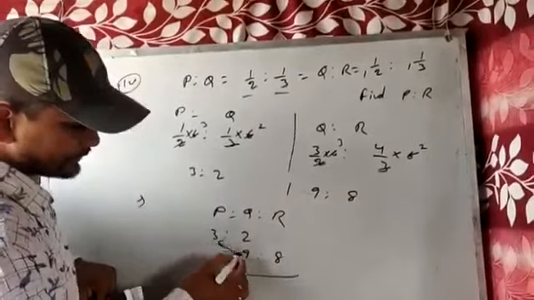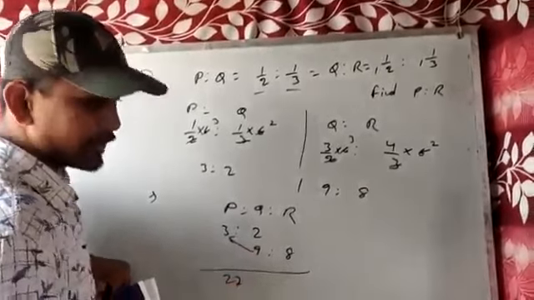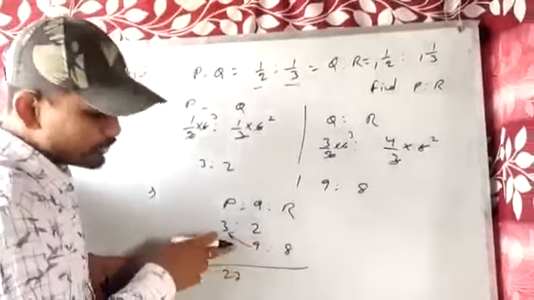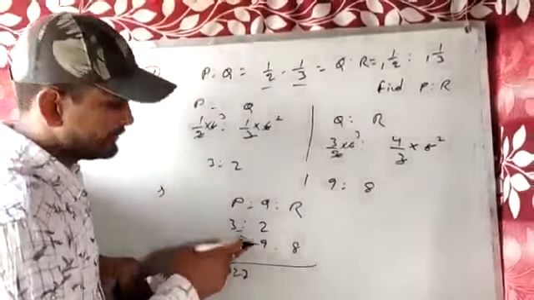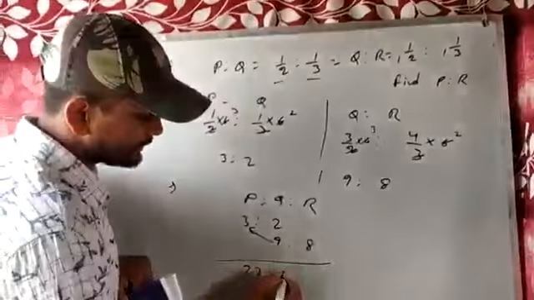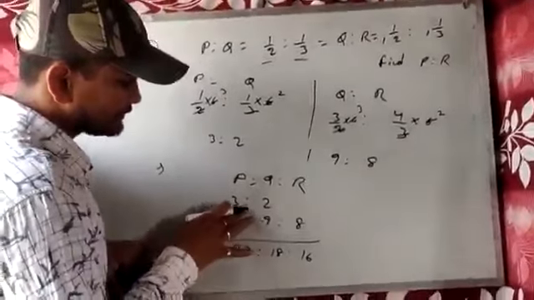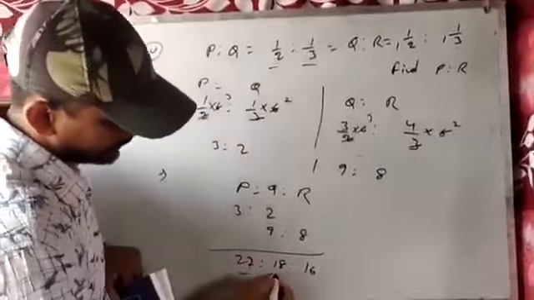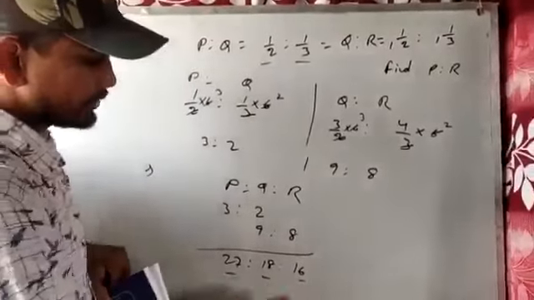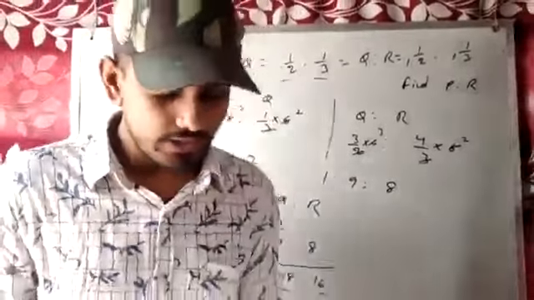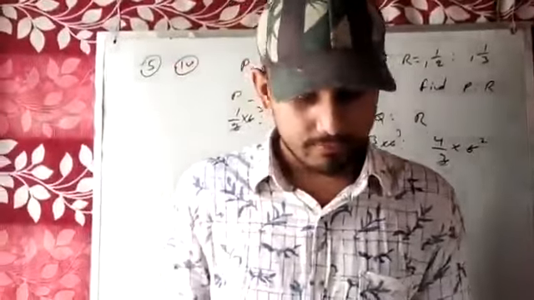I will multiply. 3 9s are 27. Okay. Don't show this arrow sign in your copy. 9 2s are 18 and 8 2s are 16. Okay. We got 27 is to 18 is to 16. This is our answer.